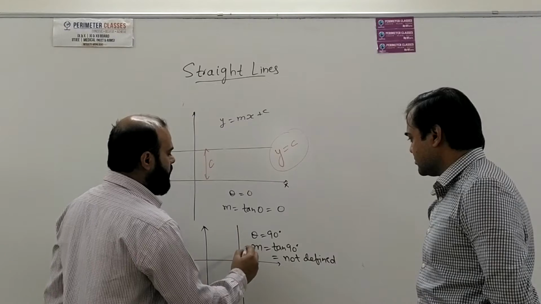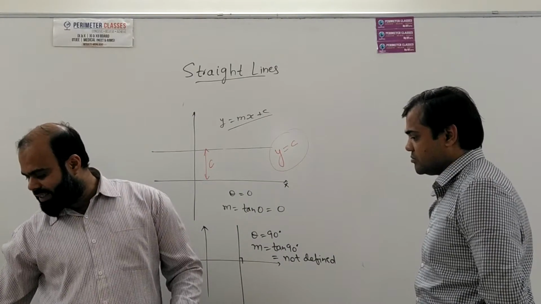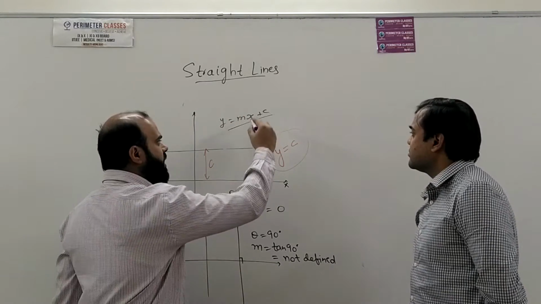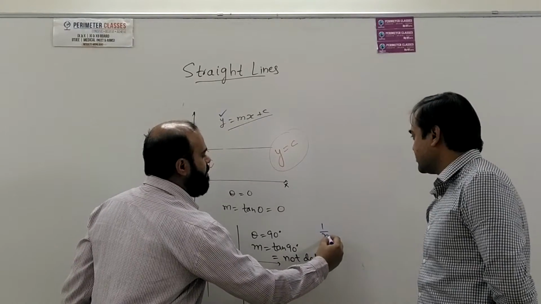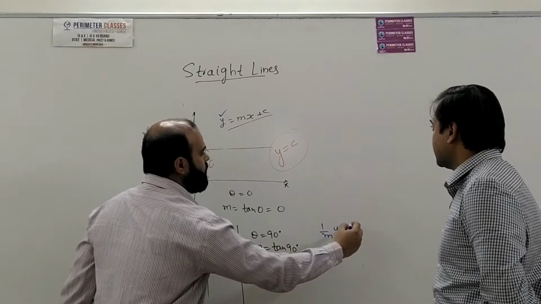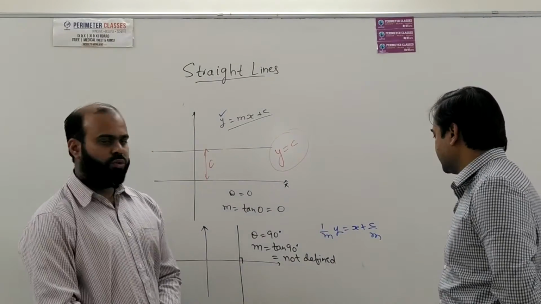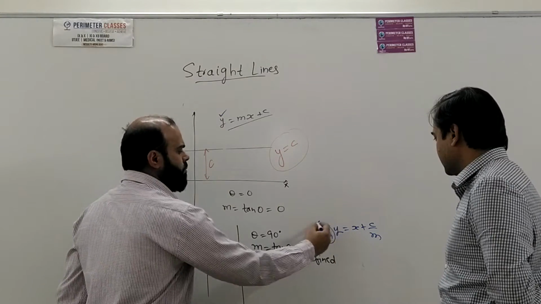So in that situation, if we take this equation, m is not defined, so we can reinterpret this equation like this: 1 by m times y is equal to x plus c by m. Now 1 by m would become 0.